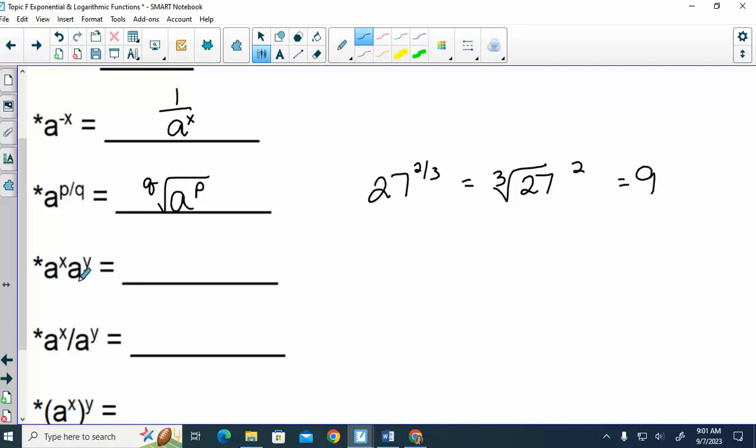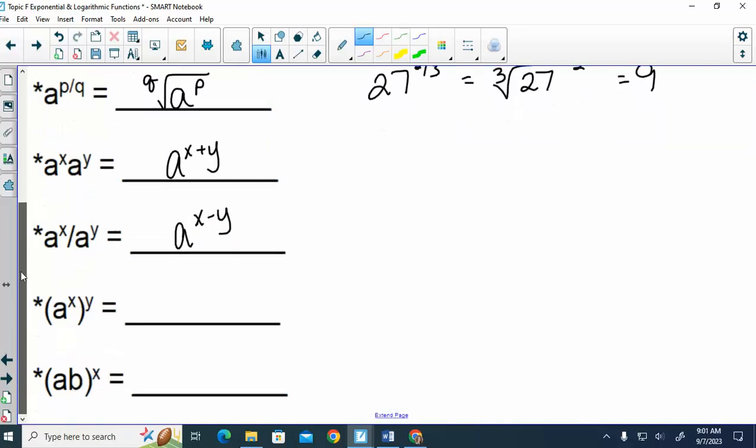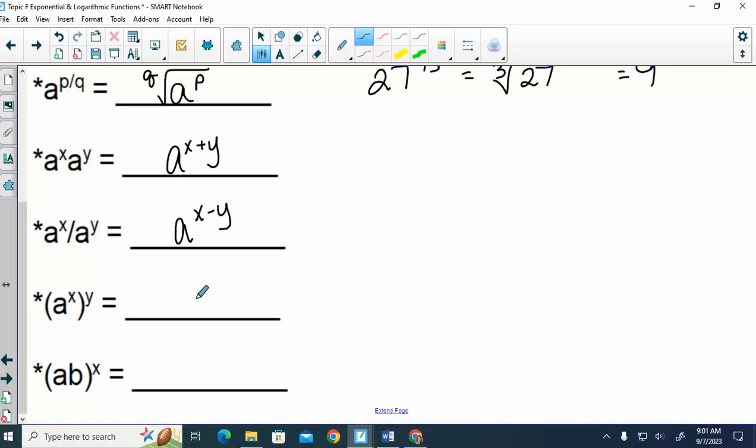If we are multiplying and the base is written each time, what do we do with the exponents? If we are dividing, what do we do with the exponents? If you have a power to a power, what do you do with the exponents?